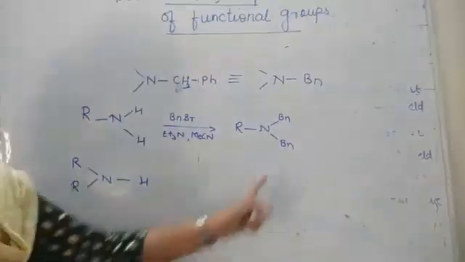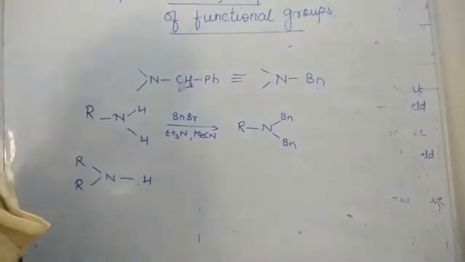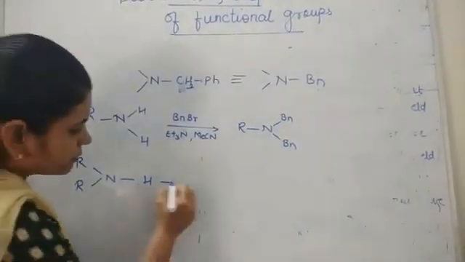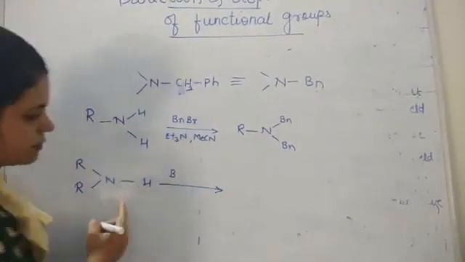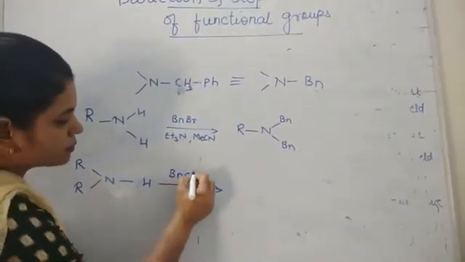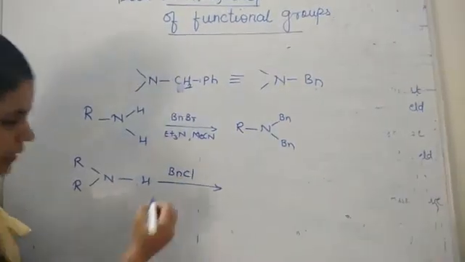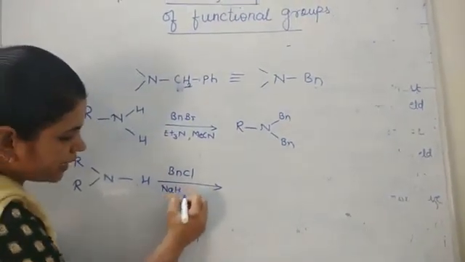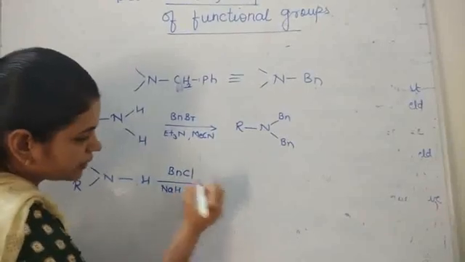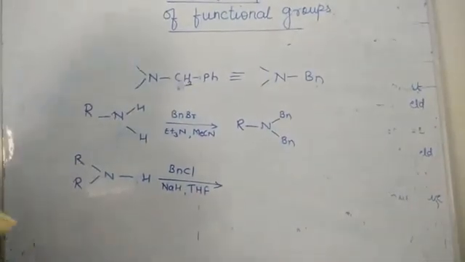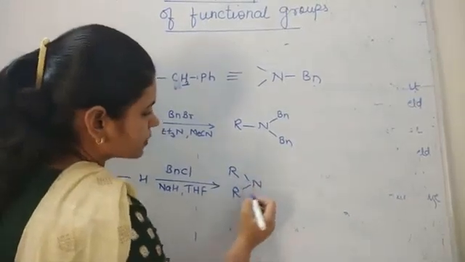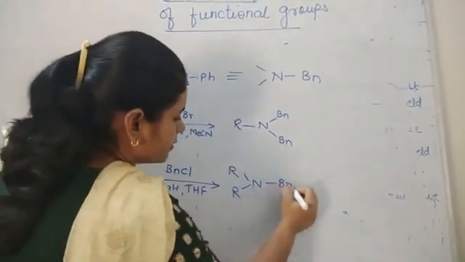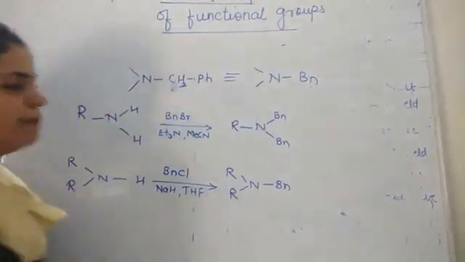Here Bn is the benzyl group. Again, if we do the reaction on this secondary amine, we can also use BnCl in presence of NaH, with THF as a solvent. In this condition, the hydrogen gets substituted by the Bn.